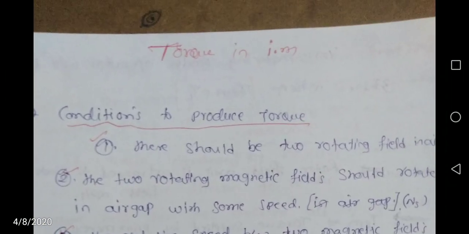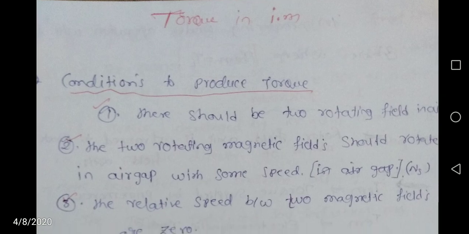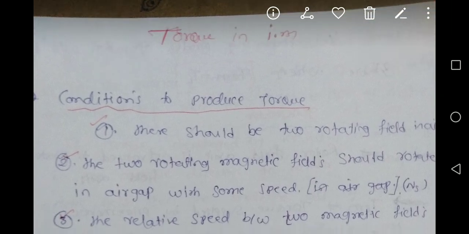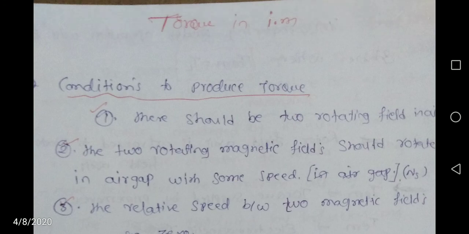So the next topic is torque in induction machine. Before going to torque, till now we have completed the power flow. In the power flow, there is a stator input power P1. Part of that input power is wasted in the stator, called stator losses, and the remaining power is sent to the rotor. That power is called stator output power or rotor input power P2.